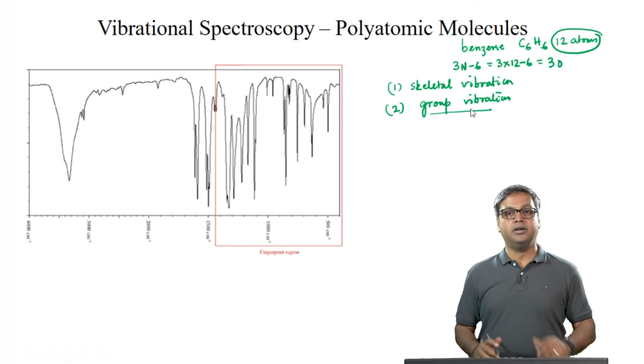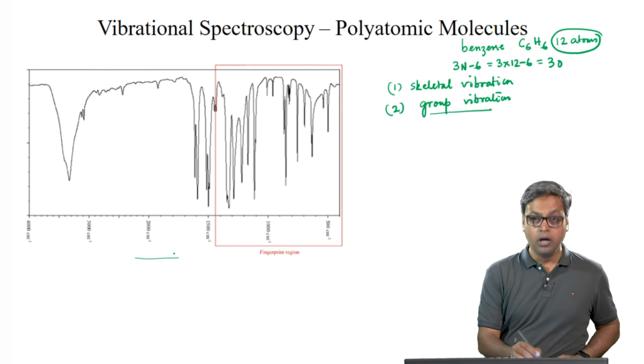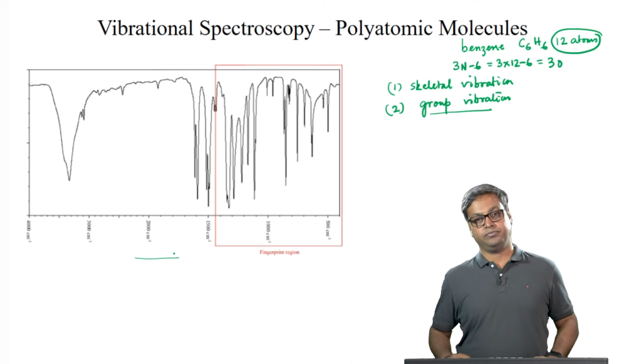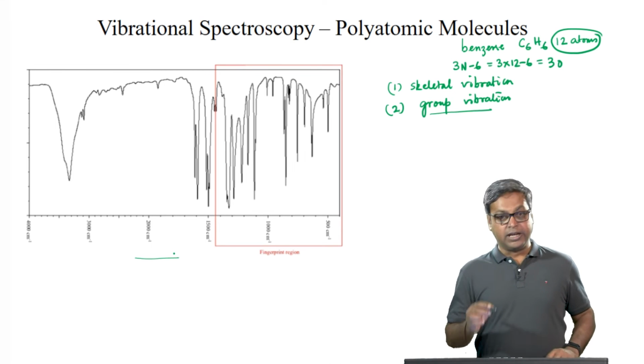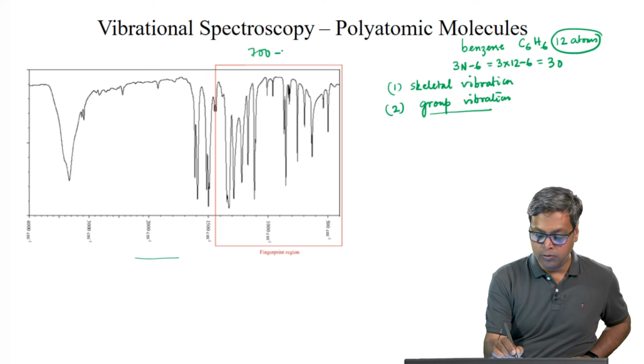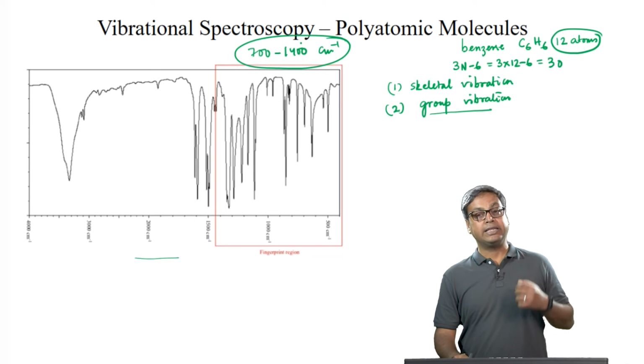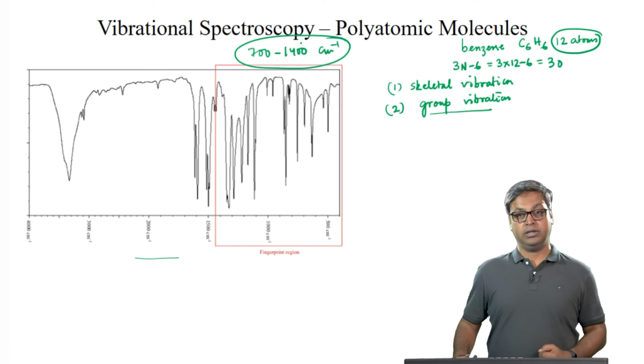So, here is a typical IR spectrum of a complex molecule. So, we can see this 700 to 1400 wave numbers range normally shows the skeletal vibrations.